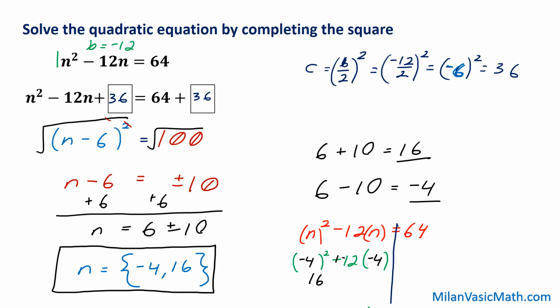Might be easier to look at it that way. Negative 12 times negative 4 is positive 48, which is 64, and that equals the right side. So I know negative 4 is a solution, and do the same thing, check 16 with a calculator or without, and it does work out, so both of those are the solutions.